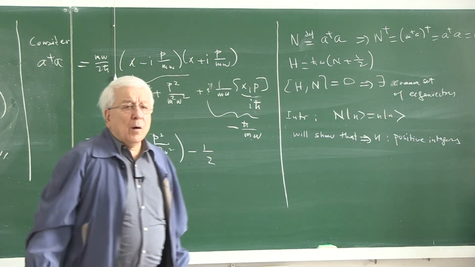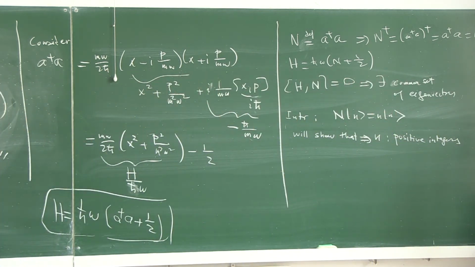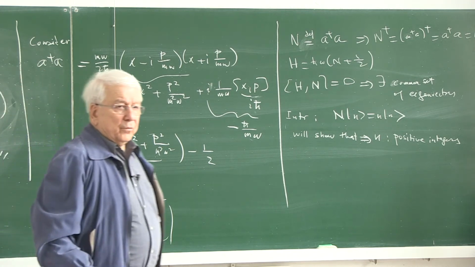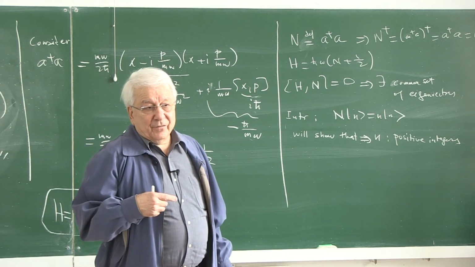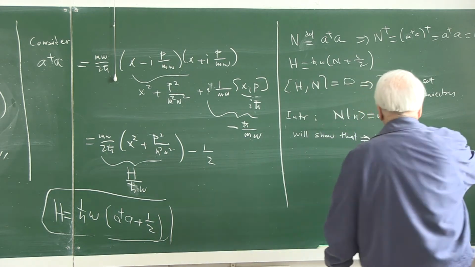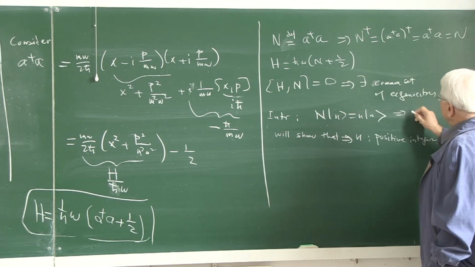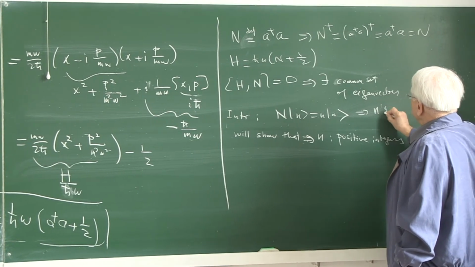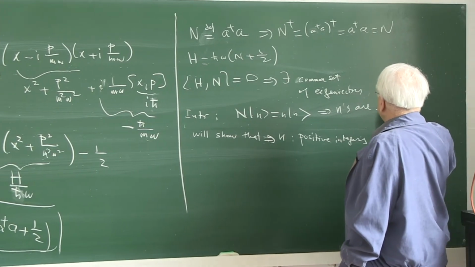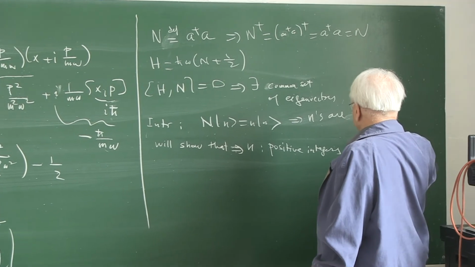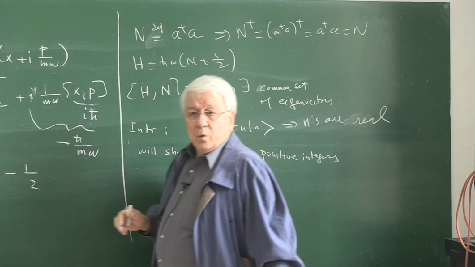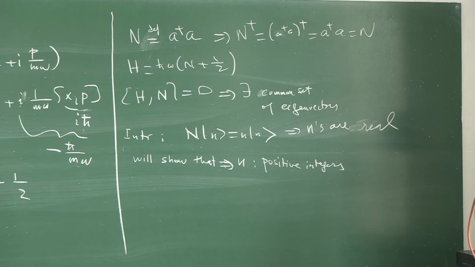N is a good operator which is suitable to the quantum theory, so n's are real numbers. As a consequence of this being Hermitian, n's are real. At least that much is guaranteed. But what is the nature of these real quantities? We'll demonstrate that those real quantities are positive integers. Well, that will come next.